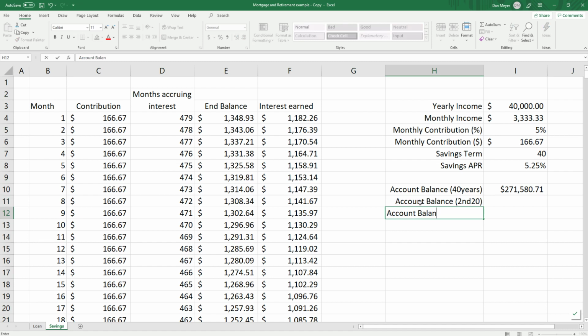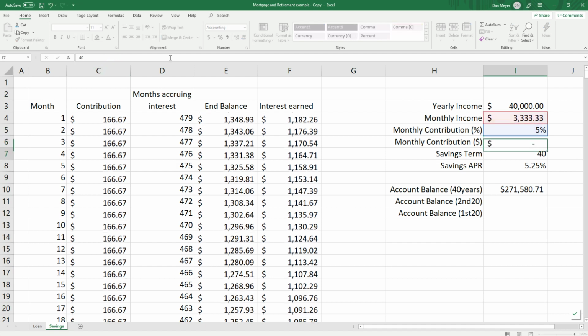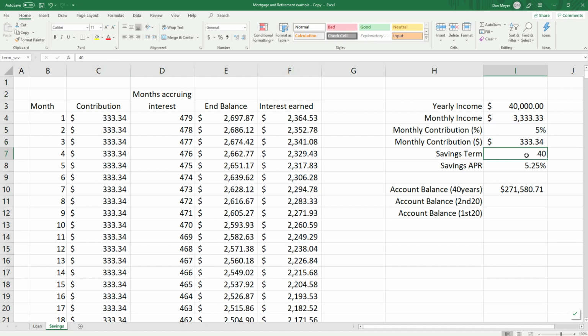So they're going to take this entire contribution, and instead of spreading it out evenly over 40 years, they're going to double their monthly payment, but do it all in the first 20. Okay, so we're going to take this monthly contribution and double it. So just two times that value. So there's our double amount.